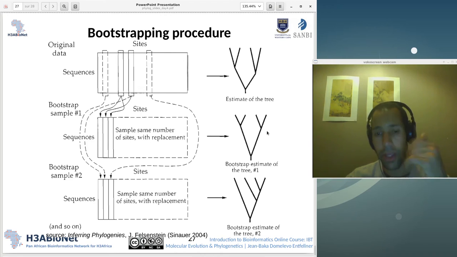So roughly, if we use 100 bootstrap estimates, I multiply my cost by 100. Instead of having to calculate it once, I have to calculate it 101 times to perform this inference process.